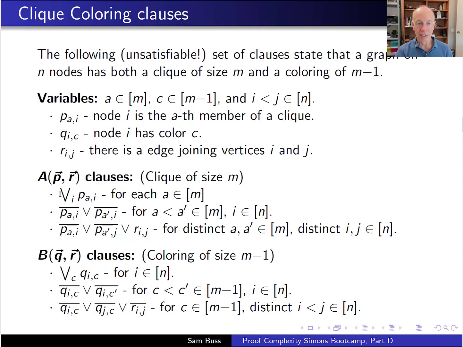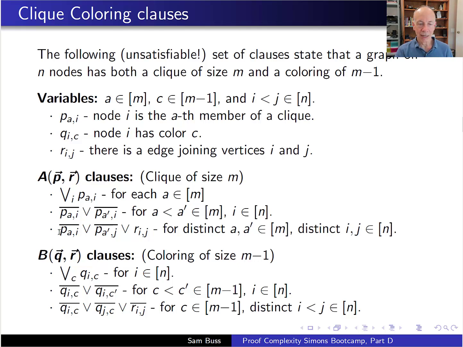This is for A fixed, and this says that there's some I such that I is the A-th vertex of the clique. And then the next clauses in APR are not PAI or not PA'I, which says that it's not the case that I is both the A-th member of the clique and the A'-th member of the clique.